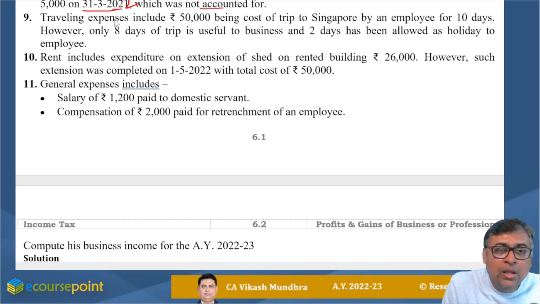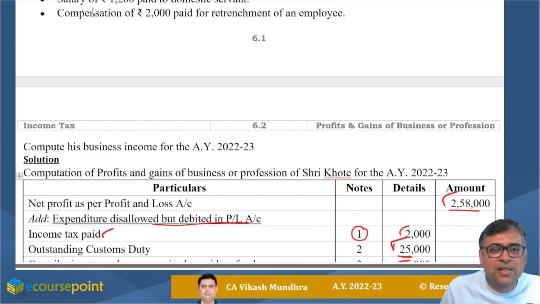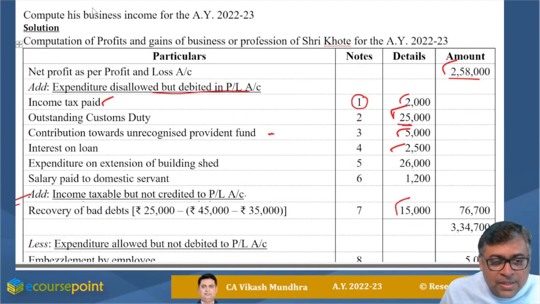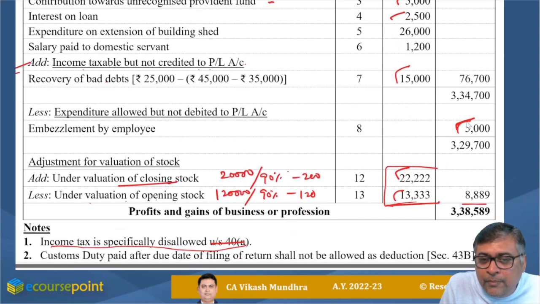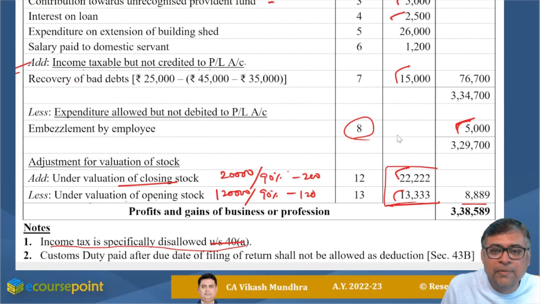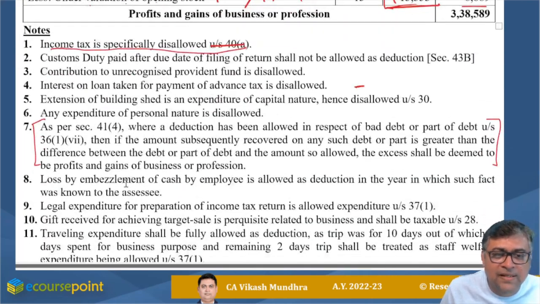Since his employee did this petty theft of rupees 5,000, now we come to know about this fact. This loss should be considered as a business deduction. Hence, we are reducing this loss as a minus item. Number 8, we will explain what is my reason.